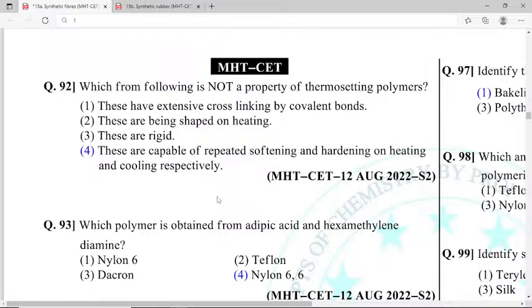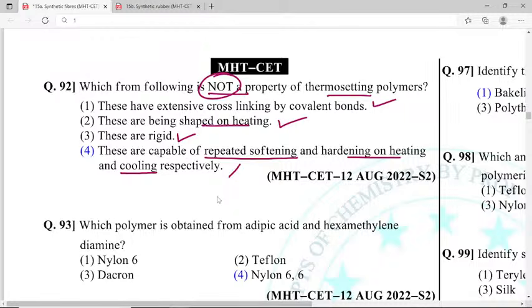Which from the following is not a property of a thermosetting polymer? These have extensive cross-linking by covalent bonds, correct. These cannot be reshaped on heating. These are rigid, yes, correct. These are capable of repeated softening and hardening on heating and cooling respectively, this is wrong.